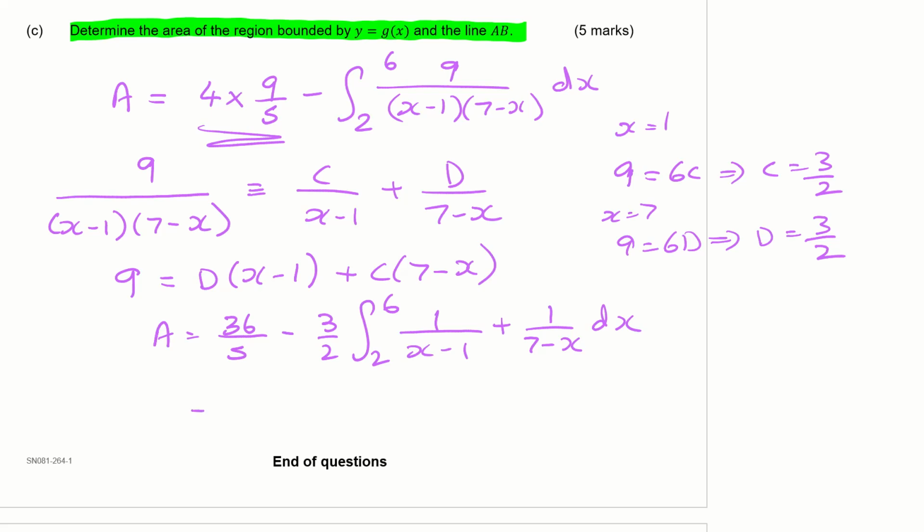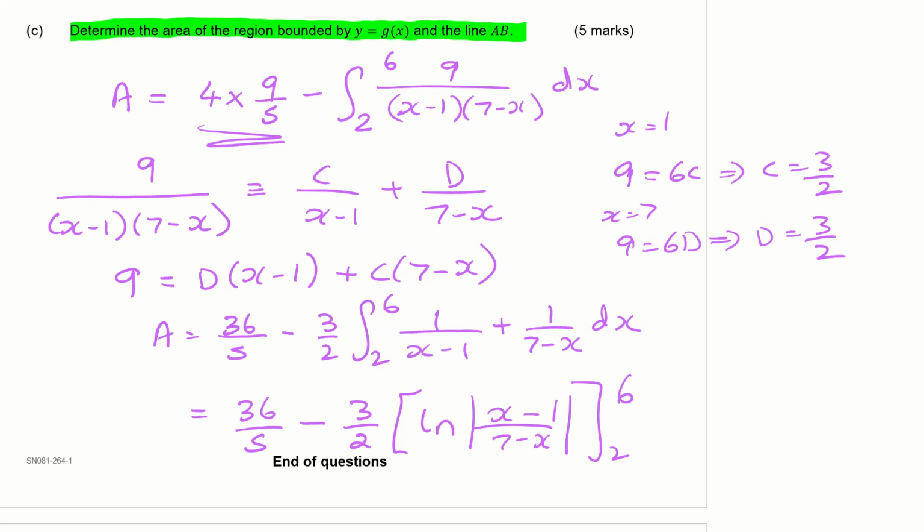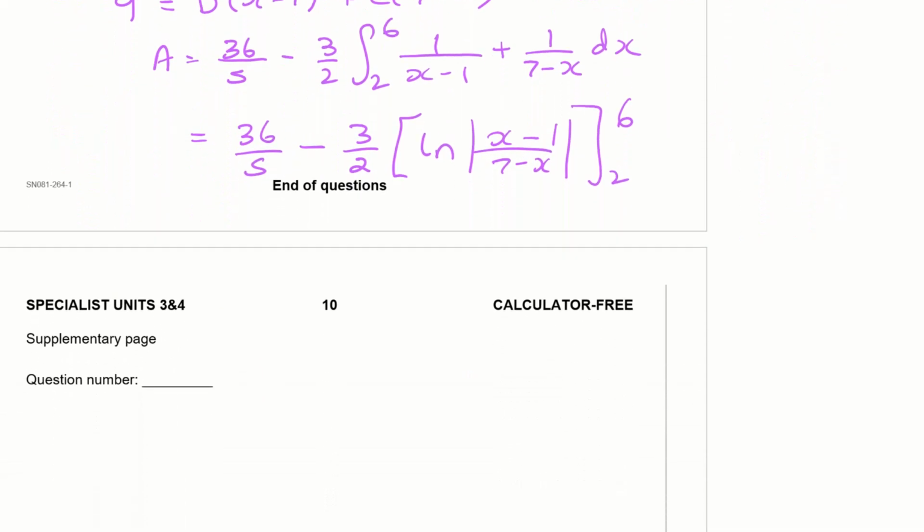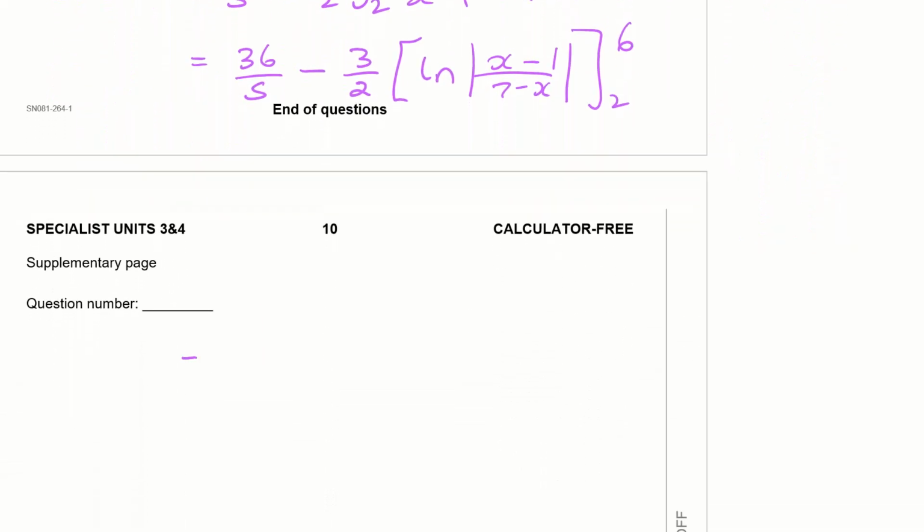And that gives us 36 on 5, take away 3 over 2, ln of (x − 1) over (7 − x), to be evaluated from 2 to 6.